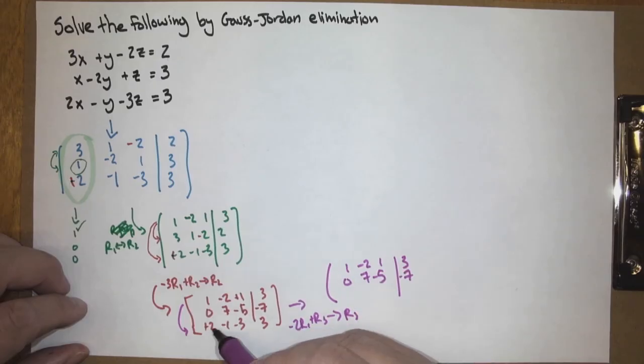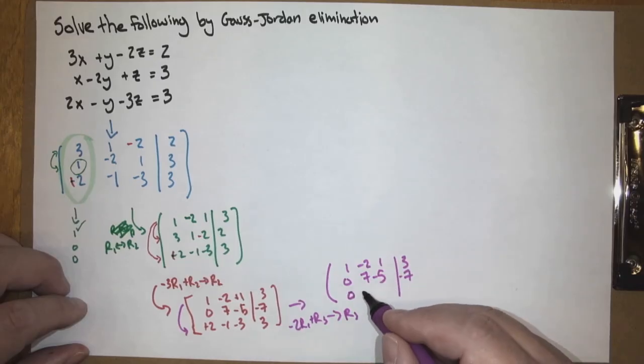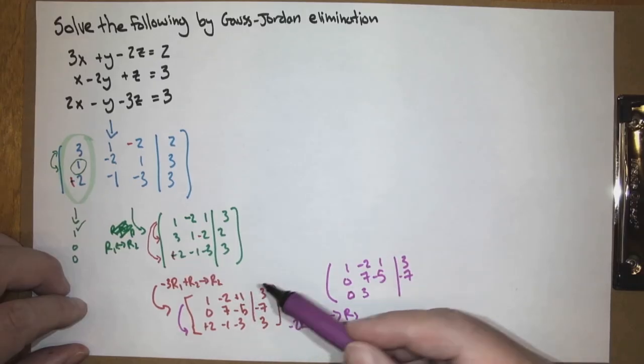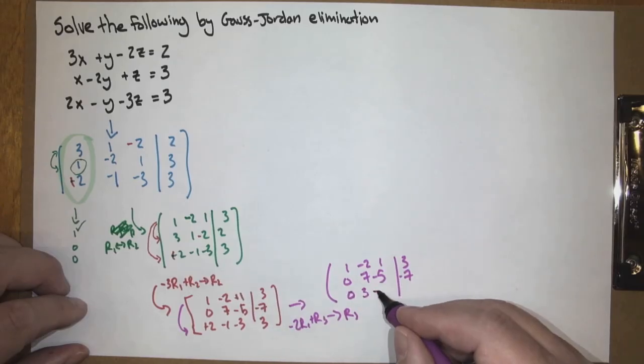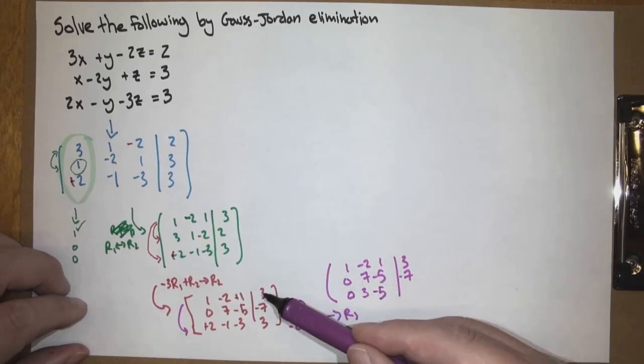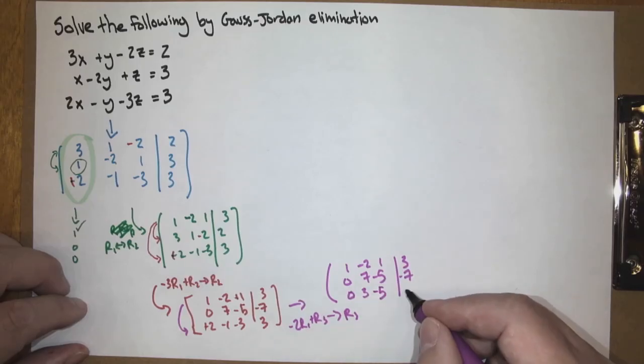Now, -2 plus 2, 0. Then -2 times -2 is 4. Plus a -1 makes 3. -2 times 1 is -2. Plus -3 makes -5. Then you have -6 plus 3. And that makes -3.